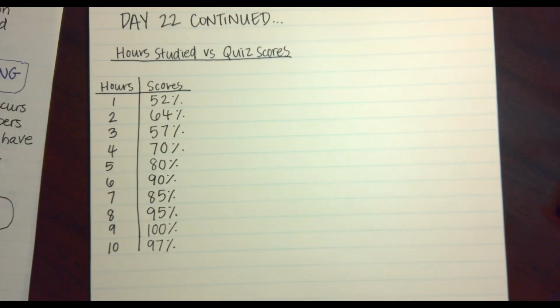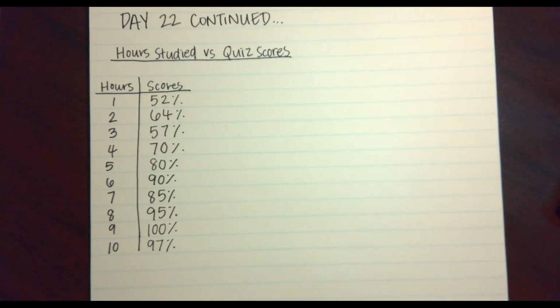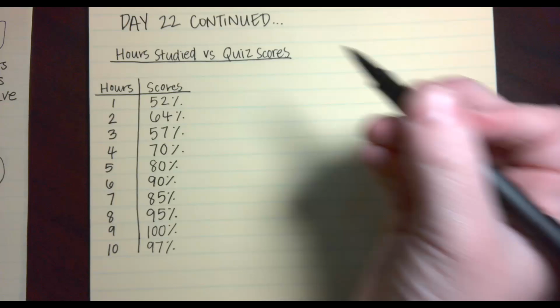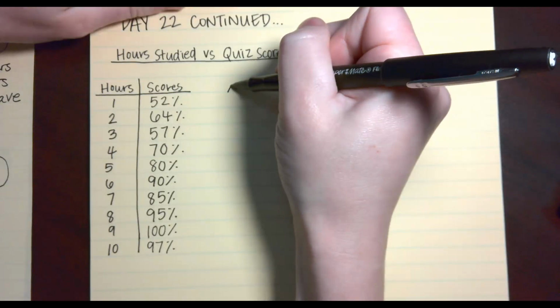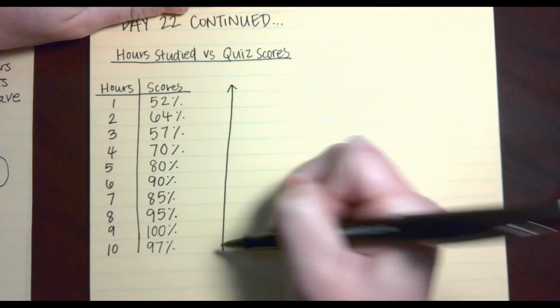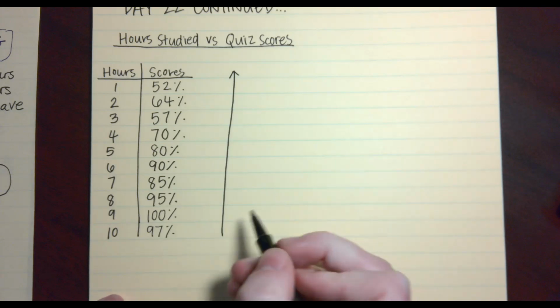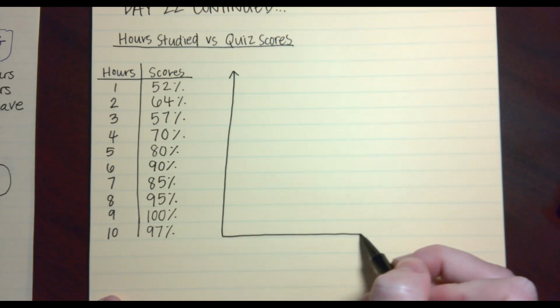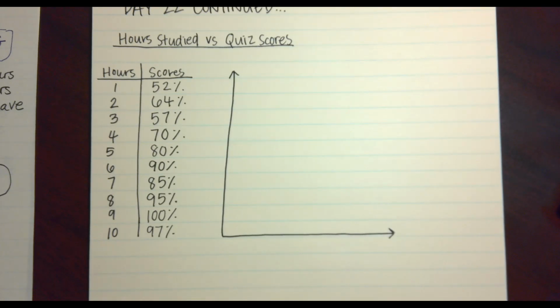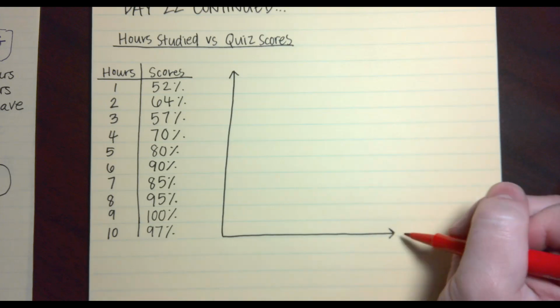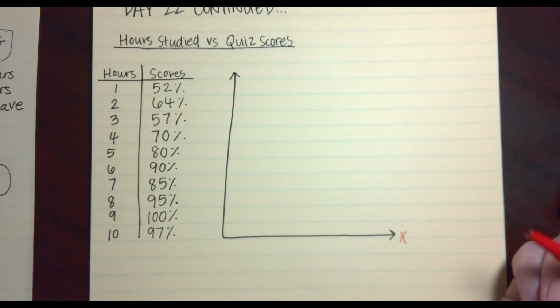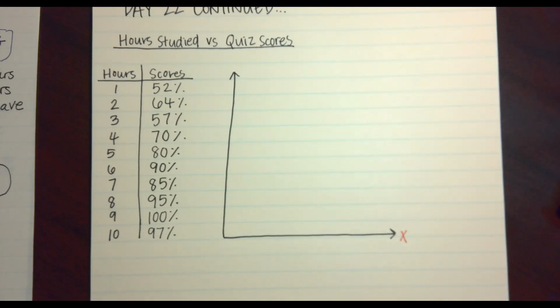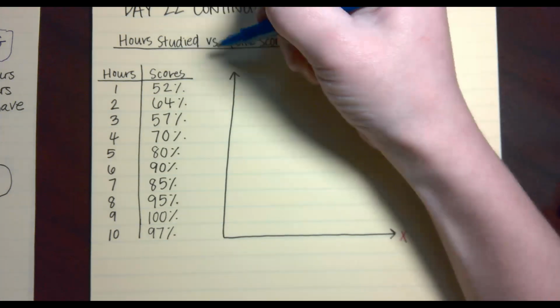Okay, so we have a whole new set of data. Let's create a graph again. So I need a y-axis and an x-axis. And tell me, guys, which units of measurement, score versus hour, which one am I going to label for which axis?